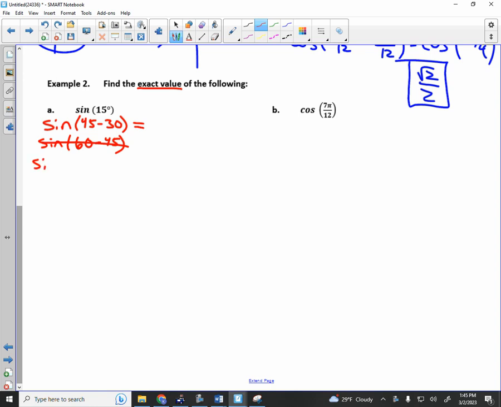This becomes sine of 45 times cosine of 30 minus cosine of 45 times the sine of 30.